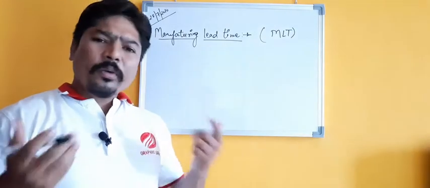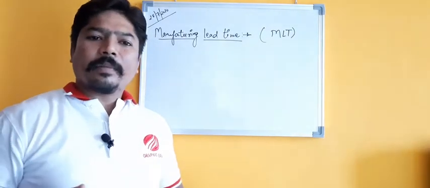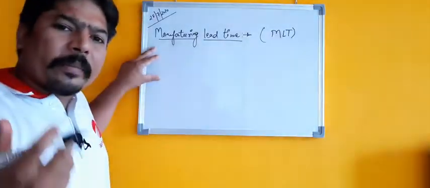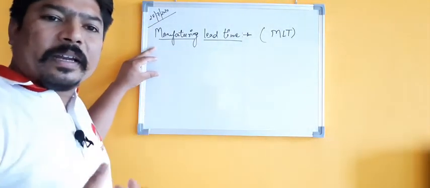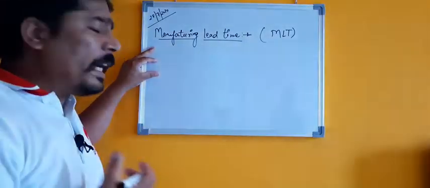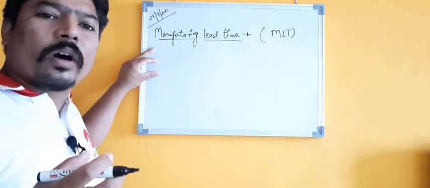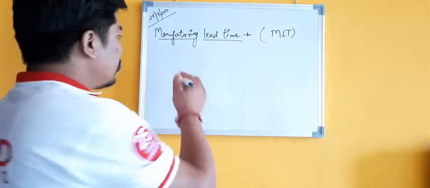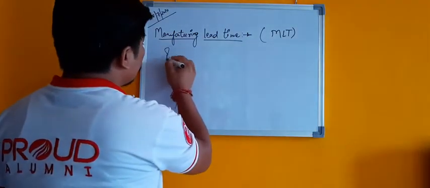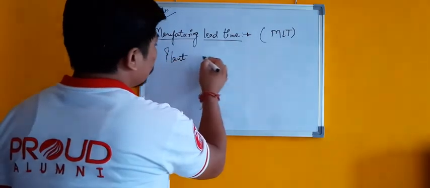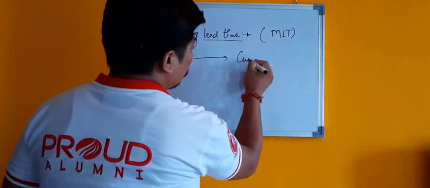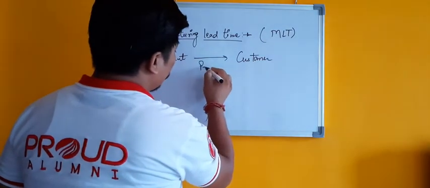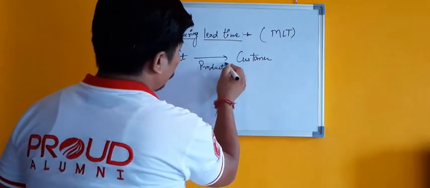So what do you understand by the manufacturing lead time of any factory or any production system? If we talk about the manufacturing lead time of our factory or a plant, it means the time which is required to deliver the product from the plant to your customer. Suppose this is your plant and this is your customer, and here will be your product.